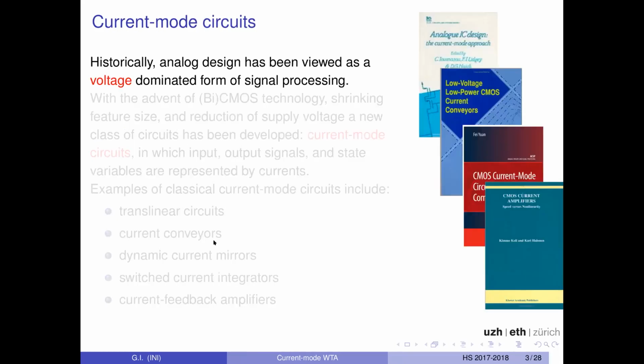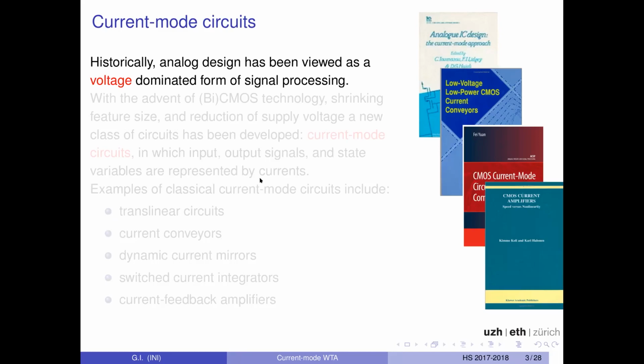Oh, sorry, first let me just tell you, current mode design in the history of electronics is relatively new. It goes back maybe 30 years, or 20, but compared to voltage mode circuit design, it's much more recent.